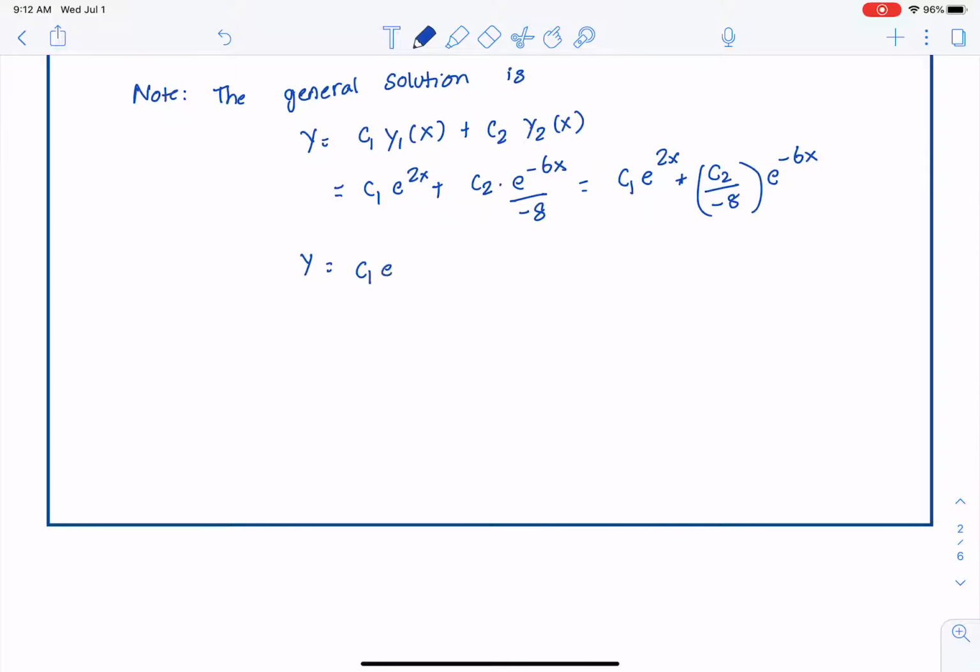So the final general solution, which contains arbitrary constants, is c1 e raised to x plus c3 times e raised to minus 6x. And that is the general solution. Keep in mind we don't have a particular solution because this is a homogeneous equation, so the right hand side is 0.